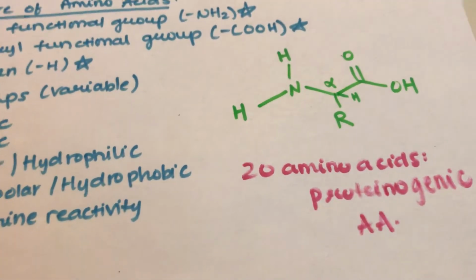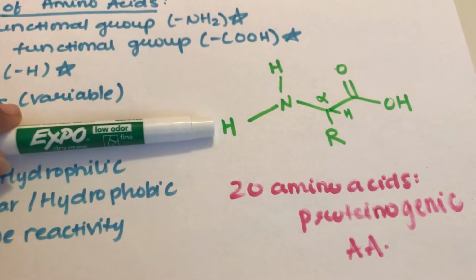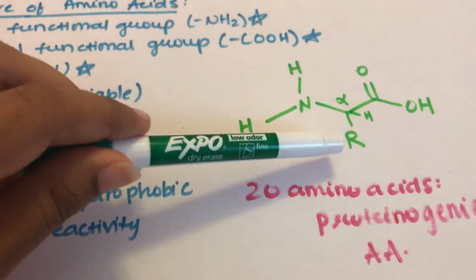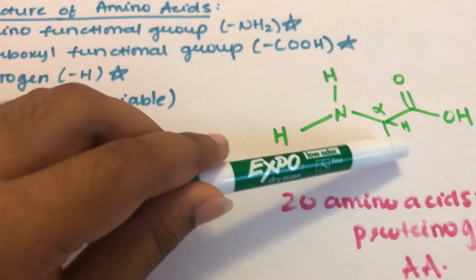The structure of an amino acid is very similar to this picture right here. You have your carboxyl group, you have your R group, you have your amino group, and then you have a hydrogen.